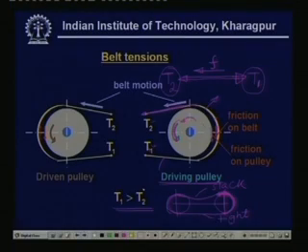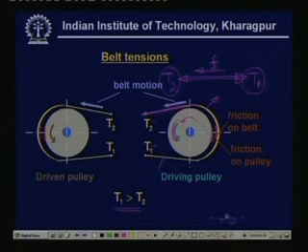On the other hand, if it is the other way round, that means if we consider the slack side to be on the lower side and the tight side to be on the upper side, you understand that a similar situation can be drawn. So, this is the tight and this is the slack.